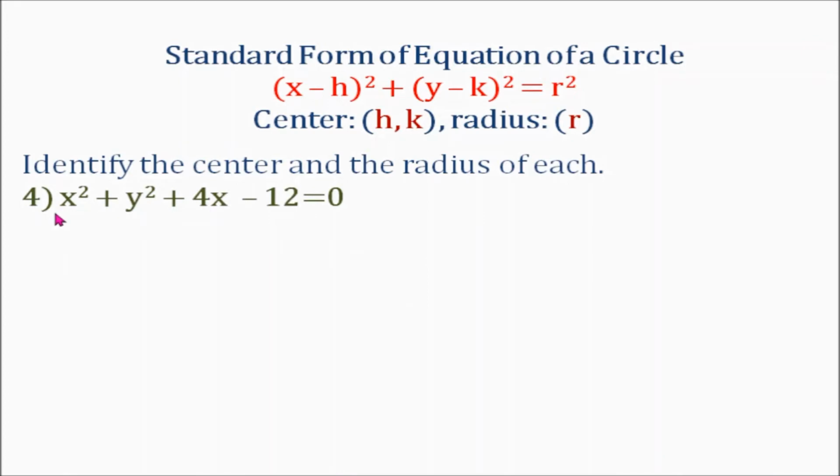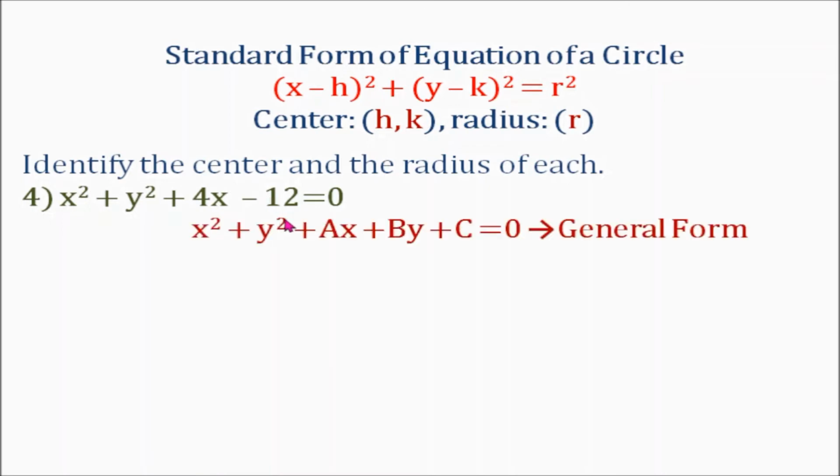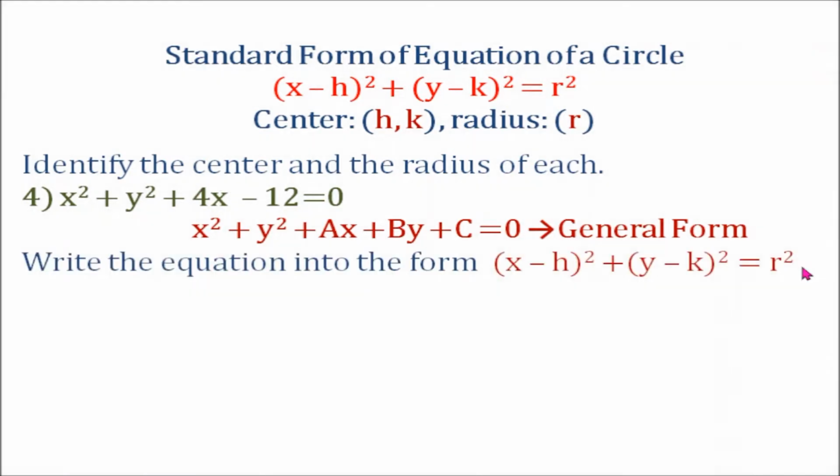Equation number 4, x squared plus y squared plus 4x minus 12 equals 0. This is not in standard form yet. Actually, we call this one general form. And in order for us to identify the center and the radius, we are going to write this in standard form. So here, we are going to group together terms that have the same letters.